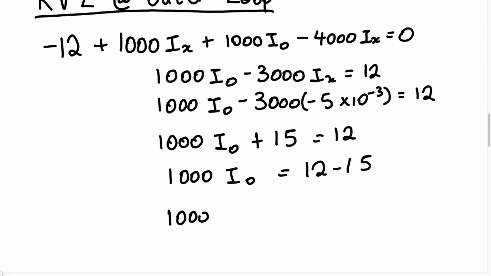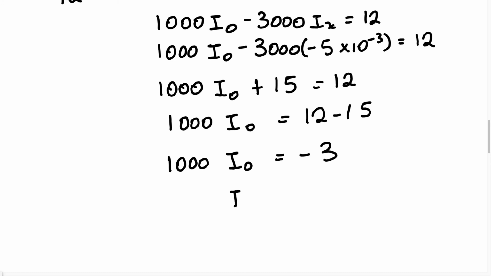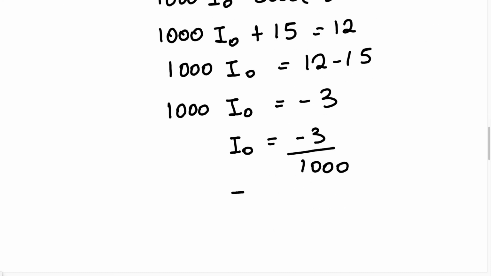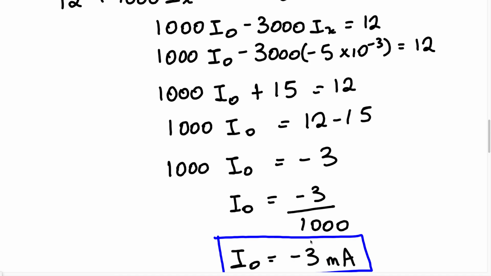Therefore, 1000 IO equals negative 3. We want IO by itself, so we're going to divide both sides by 1000. We're going to get IO equals negative 3 divided by 1000. When you solve for this, IO equals negative 3 milliamps. So this is the current flowing through this resistor. IO equals negative 3 milliamps, right?